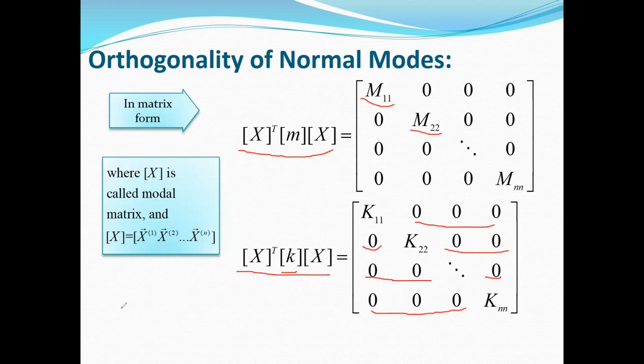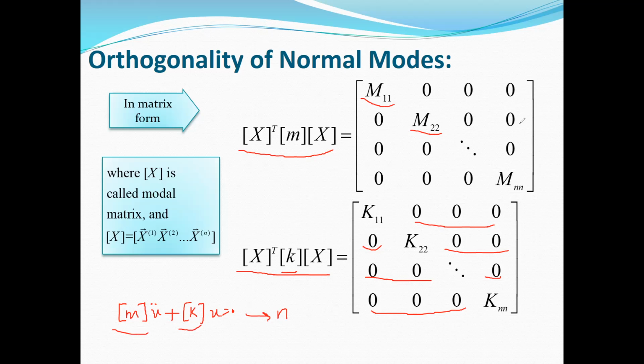When we have a system of n equations of motion, we have m times x double dot plus k times x equal to 0, which is a system with n ordinary differential equations, all of which are coupled because m and k are not diagonal.